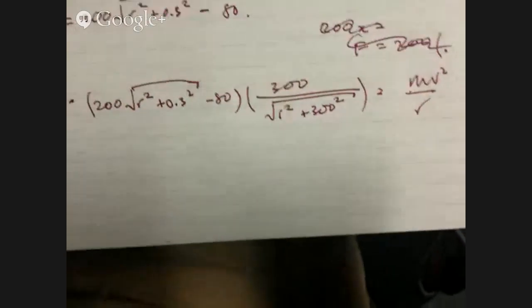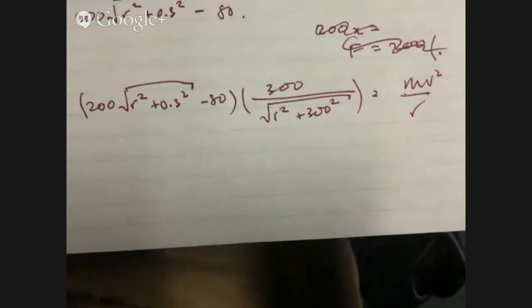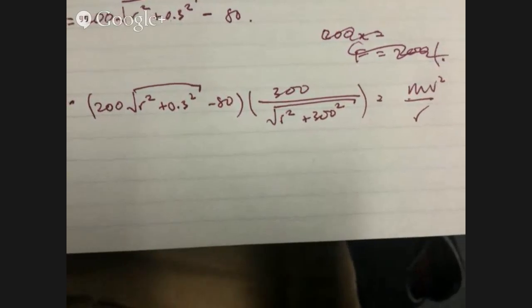And then you get this. And then you can just solve for r, right? Because v is known, m is known, omega is given, so v is given, right? Then you can just solve for r.